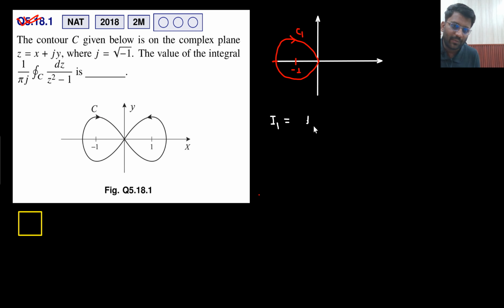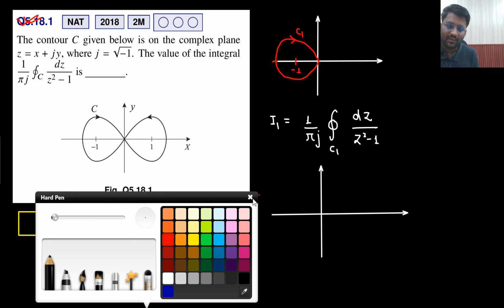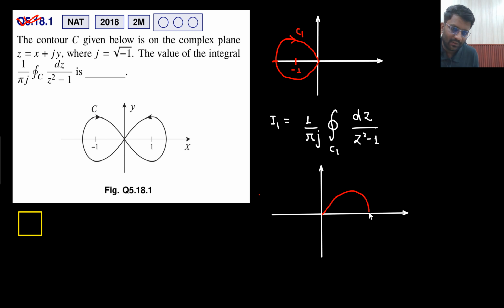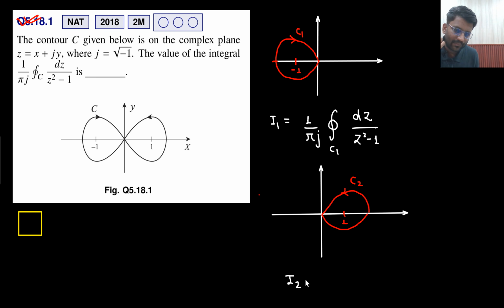Integral I1 would be 1 by pi j, closed line integral dz upon z square minus 1. This I will solve, and then I will make another closed line and solve this integral, where this is your point 1, and I will call this C2.